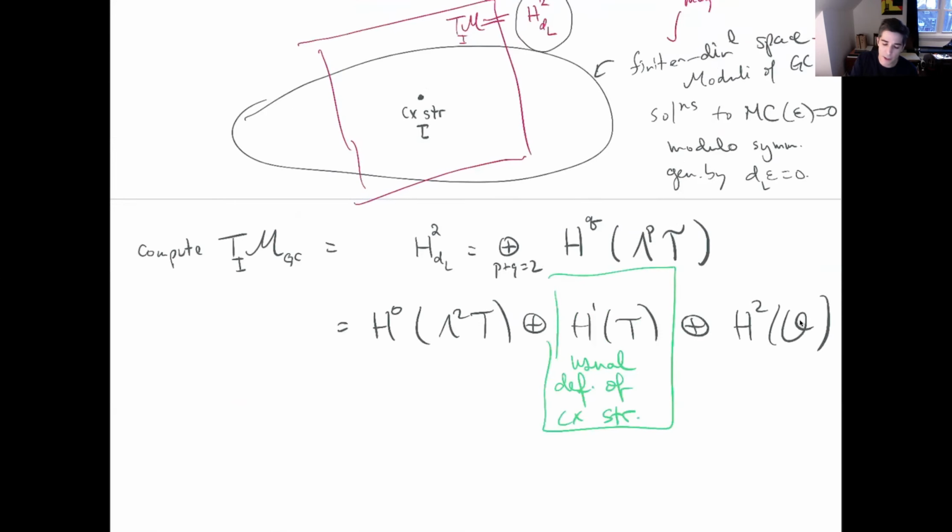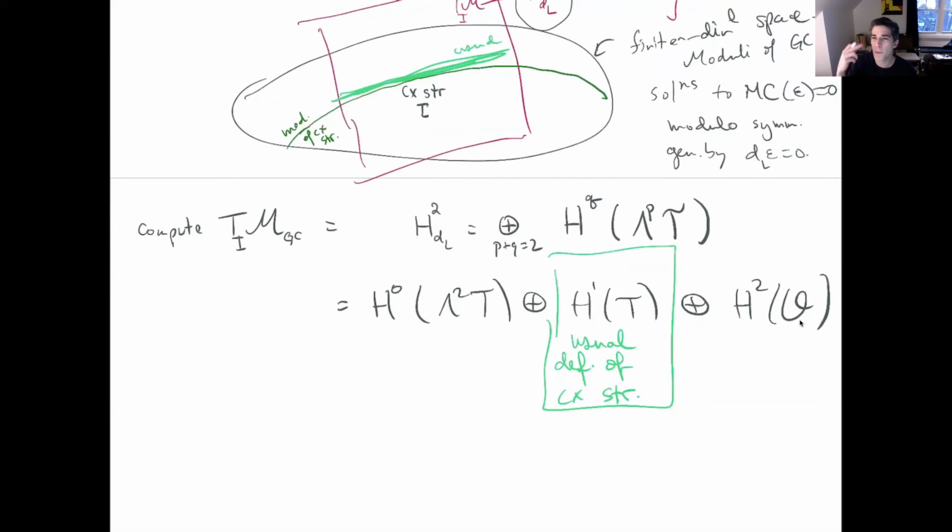So there's a certain direction in the tangent space, which is the usual complex moduli space, which then would integrate to a curved moduli space of complex structures. Okay, that's the usual moduli space of complex structures that is studied, for example, in the famous book of Kodaira, Deformations of Complex Manifolds. That would be this green stuff here.